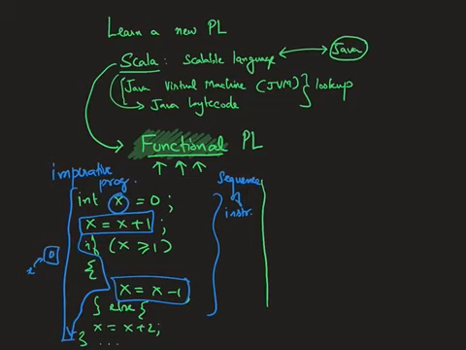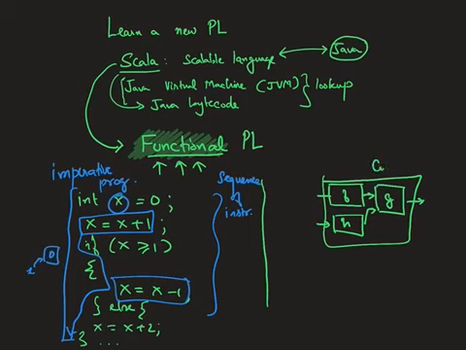In the functional style, you view your program as functions, where smaller functions are used to write up bigger functions. So as an example, in this program, I could define a composite function with two inputs, let's say x and y, and an output z.